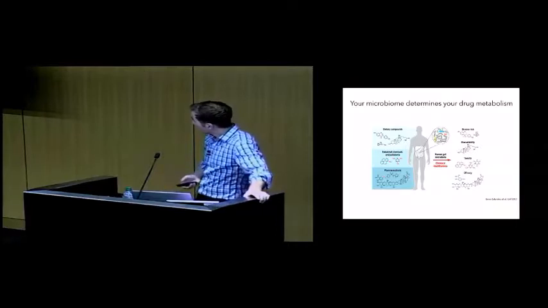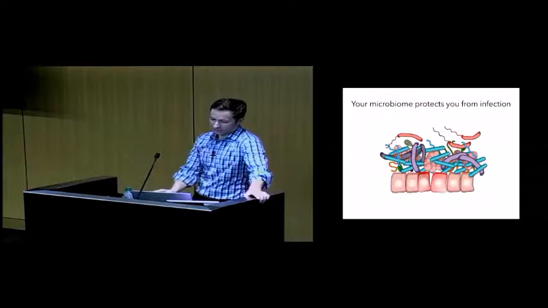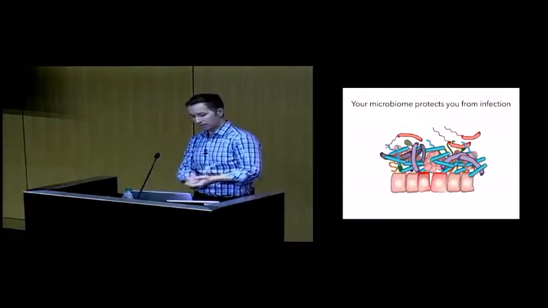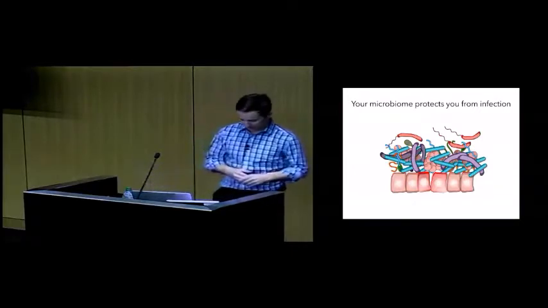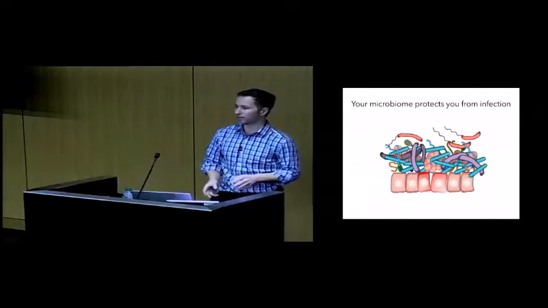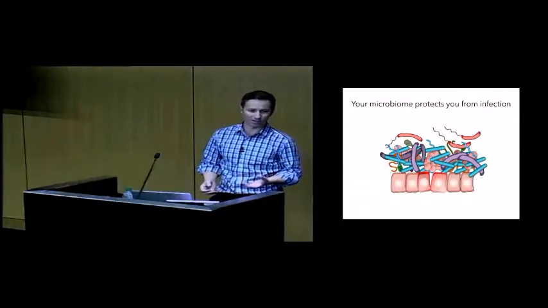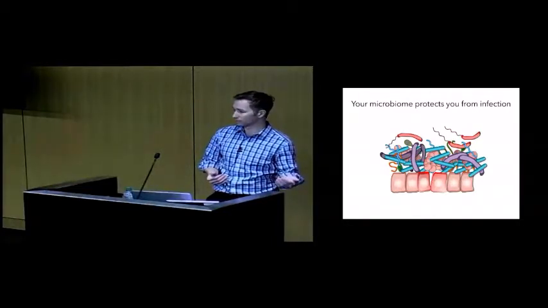And finally, what we'll be talking about a little bit more today is that the microbiome protects you from infection. And this has really been kind of the poster child of the microbiome field, that people who come down with a recurrent Clostridium difficile infection, which is extremely common these days, somewhere around 1% of all hospitalizations nationwide are now resulting in a C. diff infection.